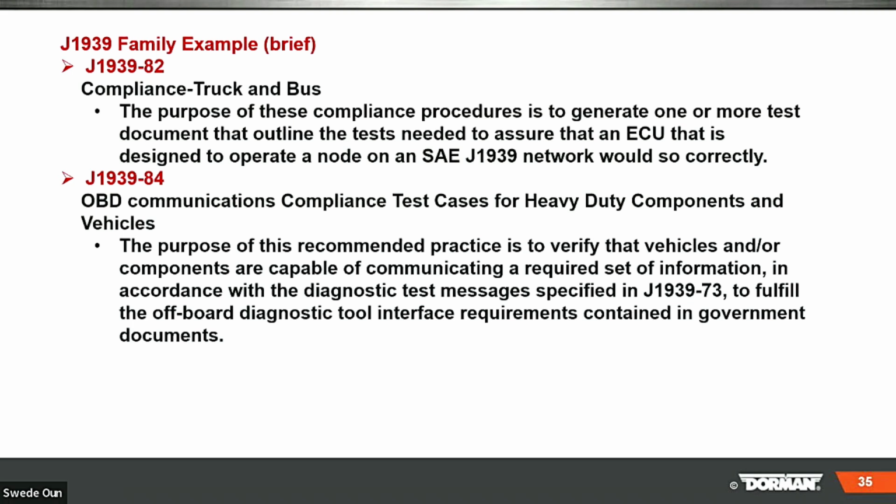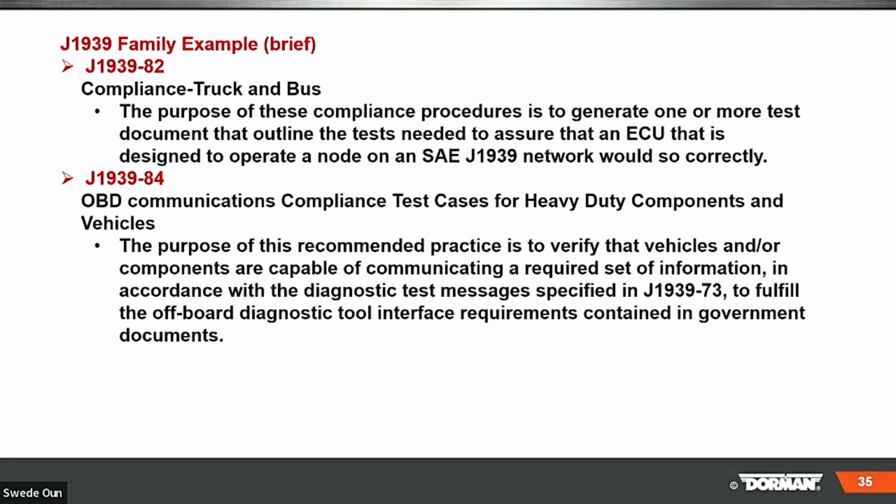Okay. Here's an example of the family that belongs with J1939. Here we have J1939-82, compliance. The purpose of these compliance procedures is to generate one or more test documents that outline the tests needed to assure that an ECU is designed to operate as a node on an SAE J1939 network.